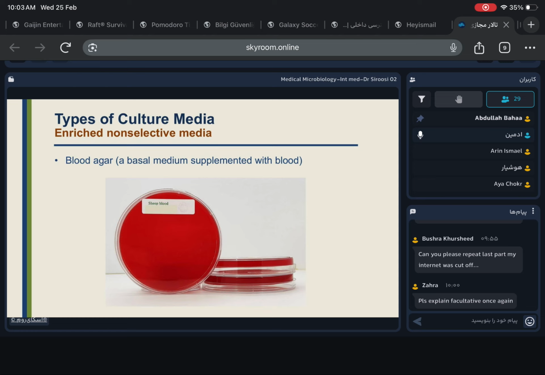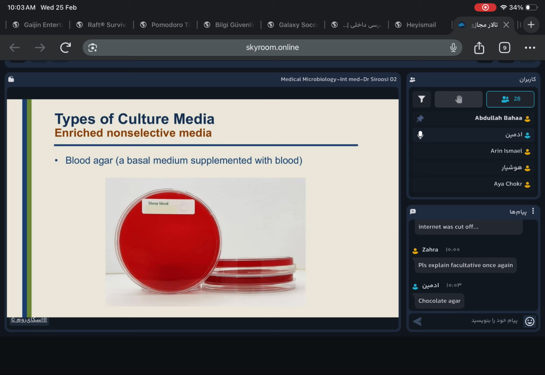And we have another enriched medium, which is called chocolate agar. So chocolate agar is also another enriched non-selective medium. It also contains sheep blood, but we have heated this type of culture medium, okay?